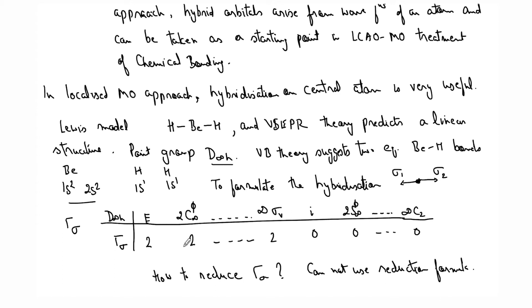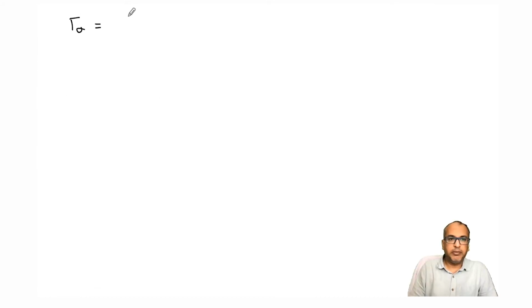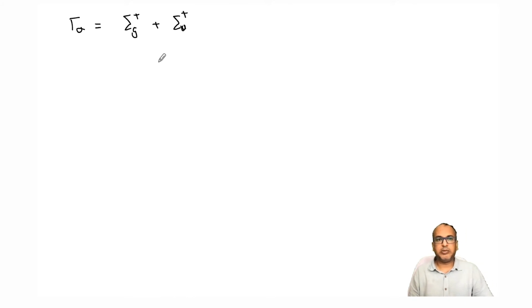However, by just simple inspection of the character table, we can see that if we create a sum of two irreducible representations, tau sigma can be broken down into sigma G plus and sigma U plus. This is by just inspection.